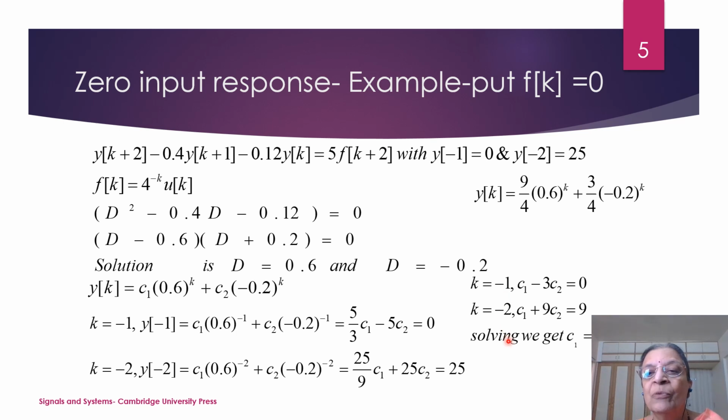I get c1 as 9 by 4 and c2 as 3 by 4. So the final solution is y of k equal to 9 by 4 times 0.6 raised to k plus 3 by 4 times minus 0.2 raised to k. In the case of a continuous time differential equation, we used to write the solution as e raised to something, that is exponential terms. Now in this case we write it as r raised to k. That is the only difference.